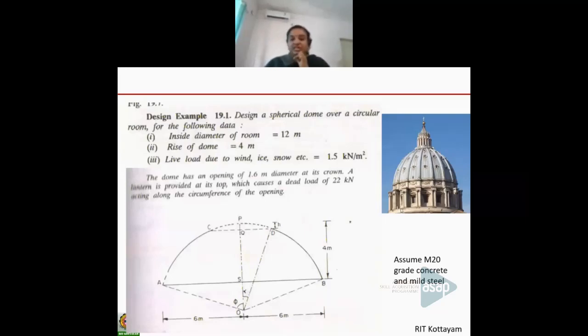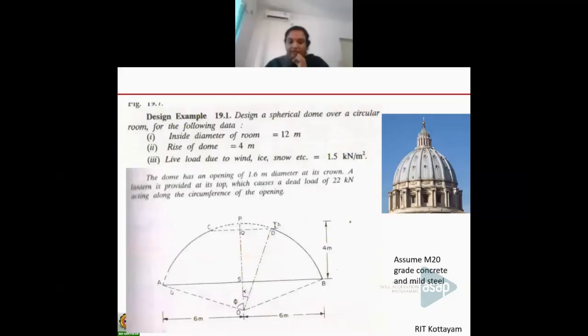It will be tangential to the curved surface at the end. So that is our problem, and this is the data. This is the dome, having a diameter of 12 meter, and this is the circular opening I was talking about, having a diameter of 1.6 meter.